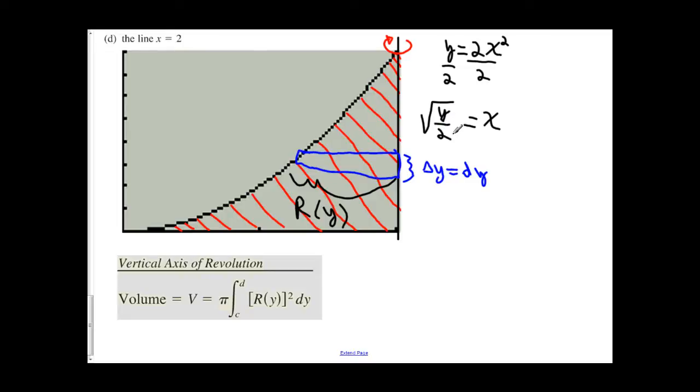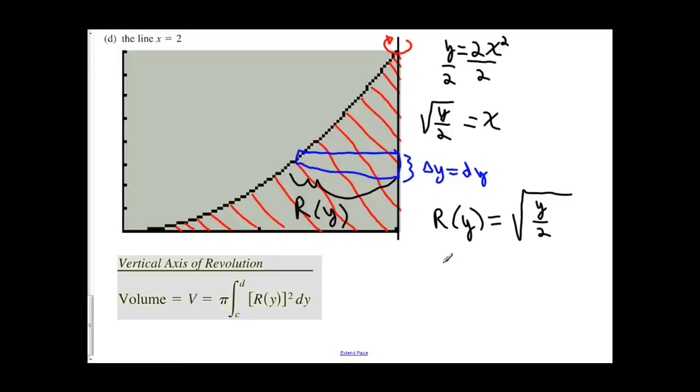So this is our r of y: the square root of y over 2. When I do this integral, it's going to be in terms of y, so my limits of integration, c and d in this case, are going to have to be values of y.